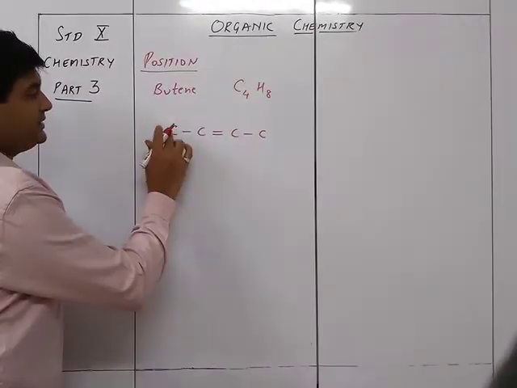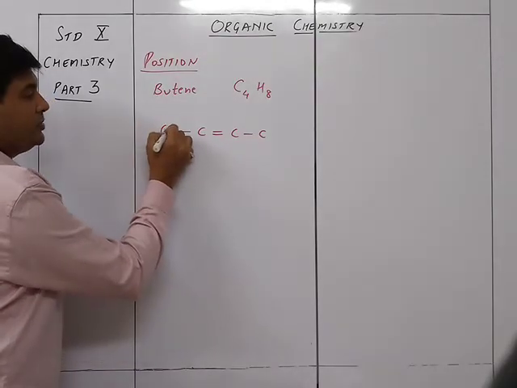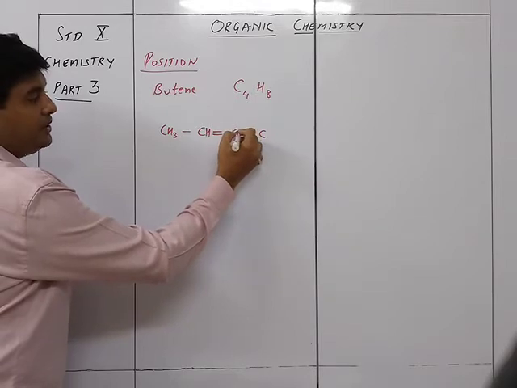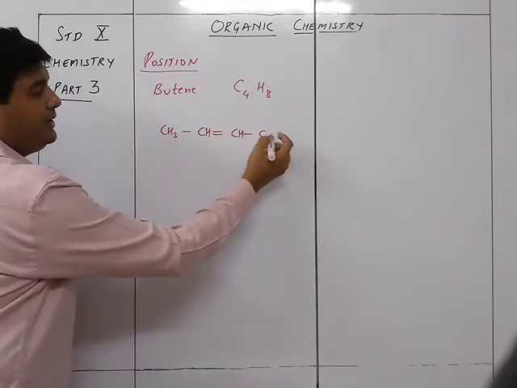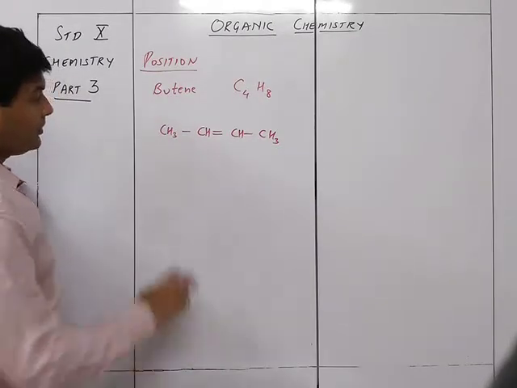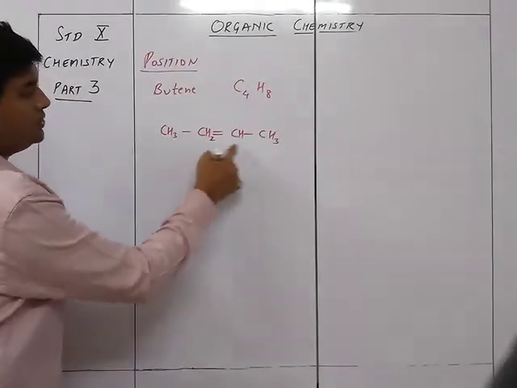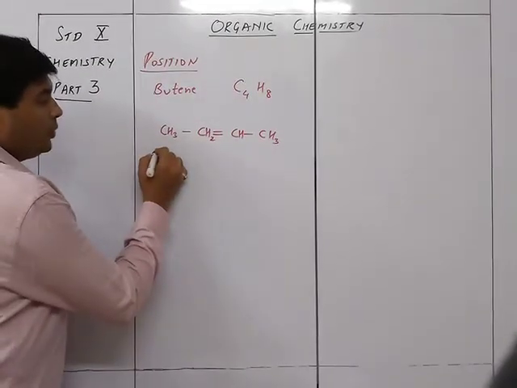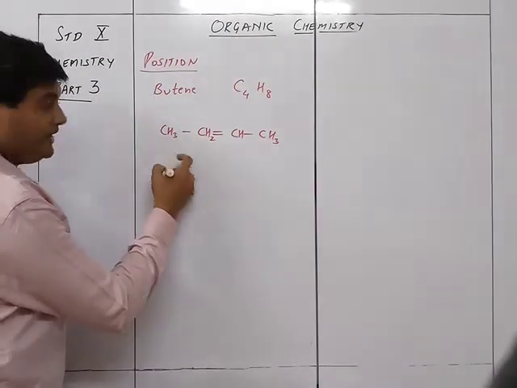We can consider this as the condensed form. So it will be CH3, here CH, here CH, and here CH3. So CH3, CH2, CH, and CH3. This is going to be 1-butene.